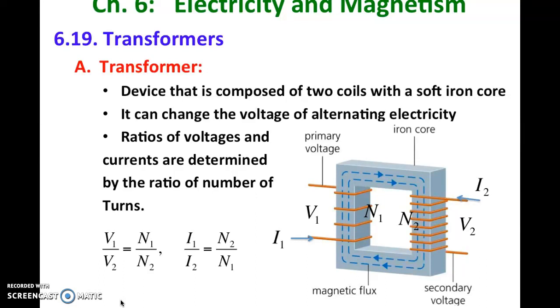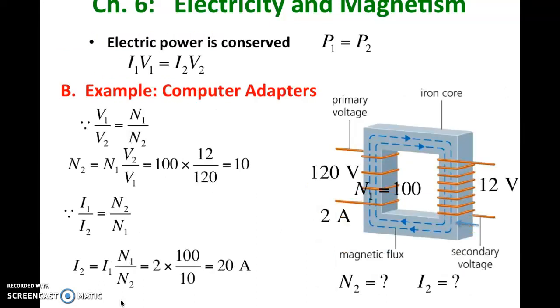Multiplying these two ratios, the voltage ratio and the current ratio, together, we have the conservation of electric power. I1 V1 equal I2 V2.